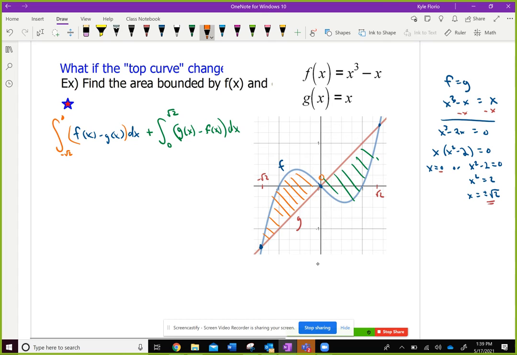All right, so let's see what we got here. So this first function is x cubed minus x minus g of x, which is x.